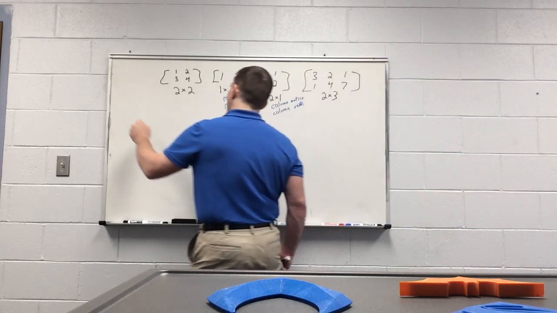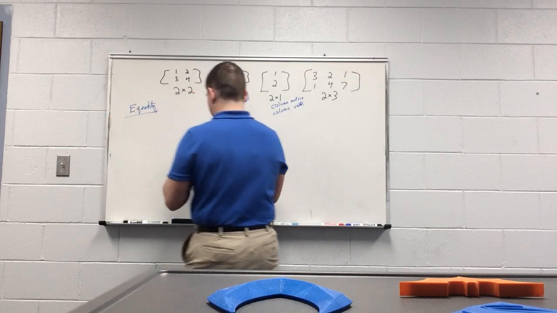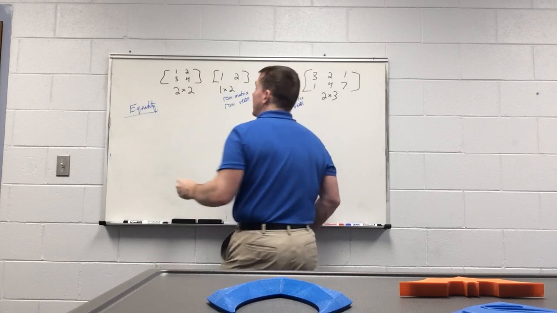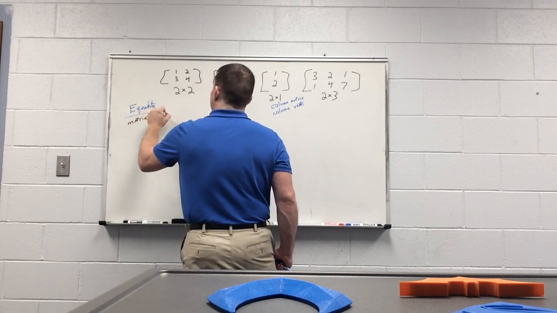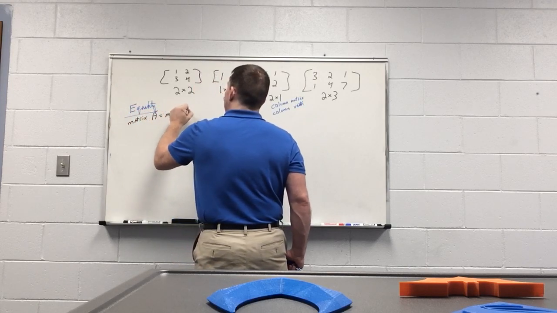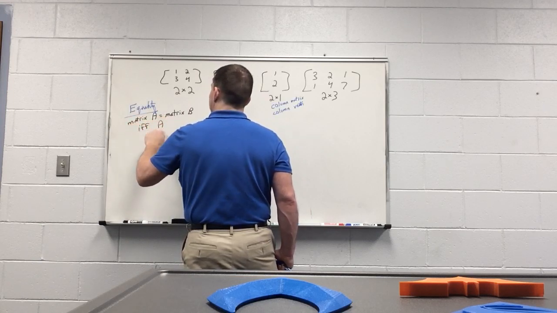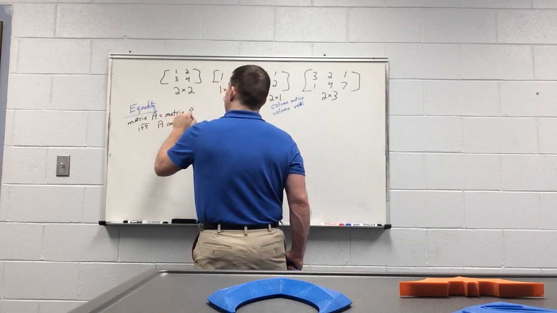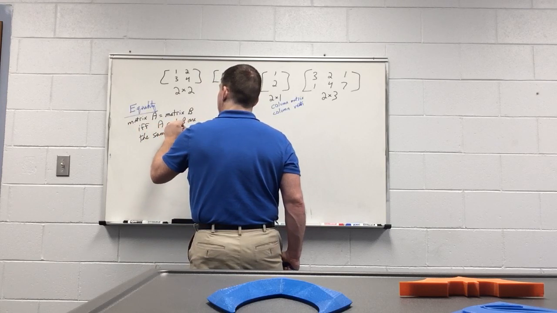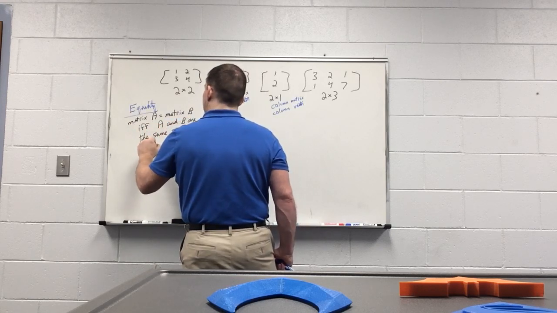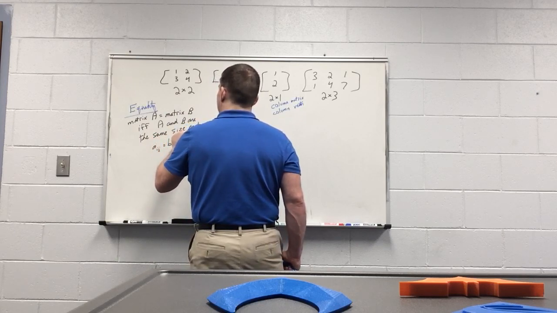First off, we care about equality. And for matrix equality, matrix A equals matrix B if and only if A and B are the same size and A_ij equals B_ij for all i and j.